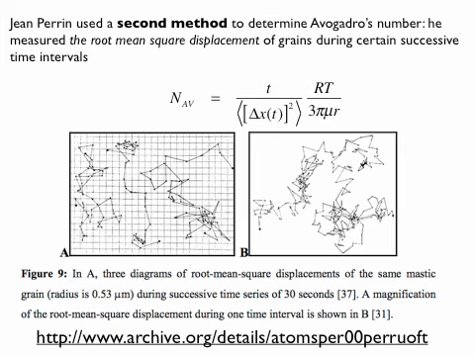They're taken from his book called Atoms. If you want to read it, there's the hyperlink at the bottom. The interesting thing is, if you only look at the displacement in the x direction, so forget about the displacement in the y direction, and you fill it in this equation, again, bang on, you get the number of Avogadro.